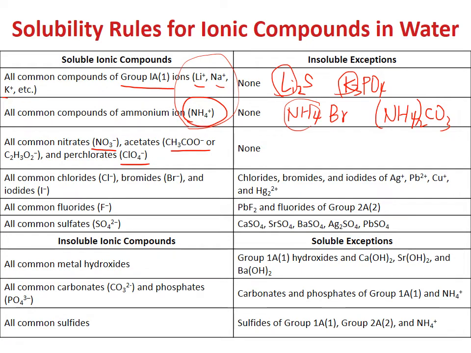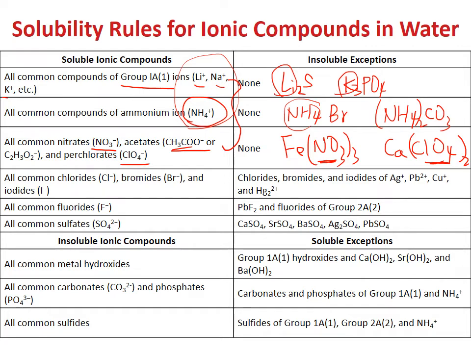So with any cation, let's say iron nitrate, it must be very soluble, or calcium perchlorate must be very soluble because the anion is nitrate, perchlorate, or acetate. So rule number 1 and rule number 2 are about cations.